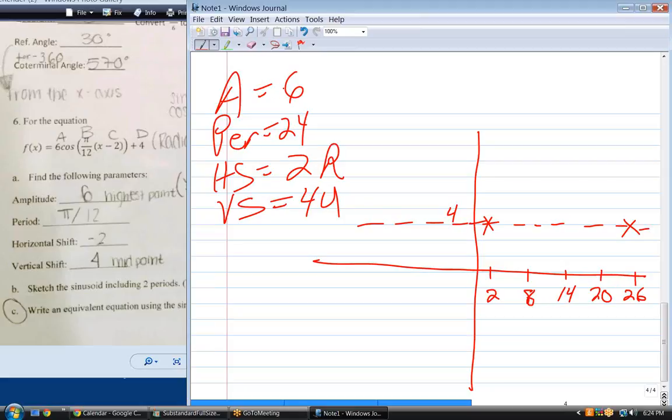Now I look at amplitude. 6 means my high point is going to be 6 above 4. My high point is going to be at 10. My low point is going to be at -2. 6 below 4. Okay?